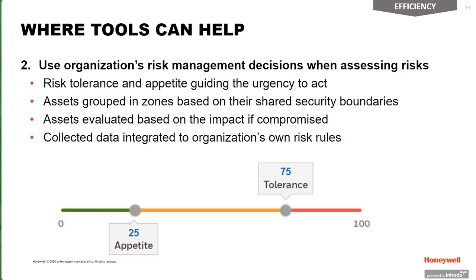The next one on efficiency is around risk management. Being able to know what the risk tolerance is, and then you devise the risk score with the help of the tool, so that you can easily interpret the risk, know which is low risk and which is high risk, what is your tolerance, and then you're able to quickly take action based on the risk level.